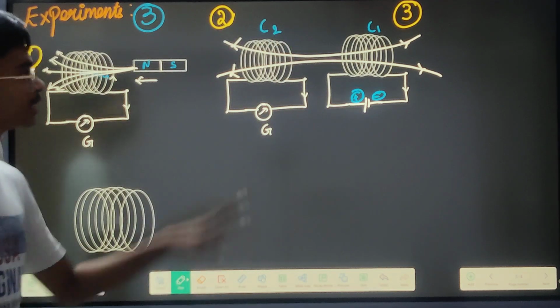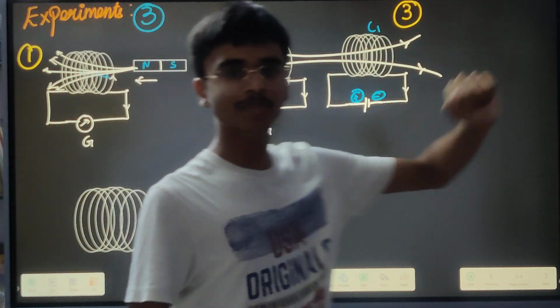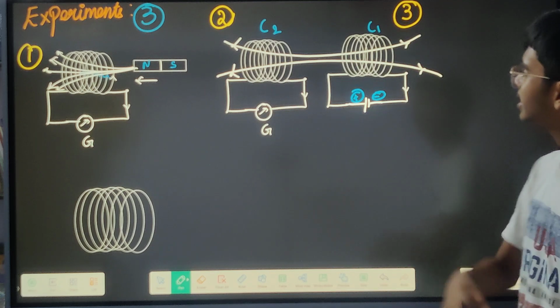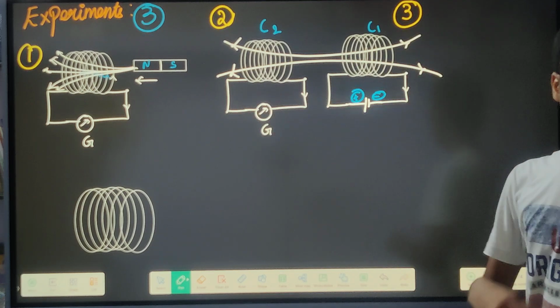So C2 is there. See, this is coil 1. C is the representation of a coil, and this is also another coil. Here is one coil, and here is another coil.